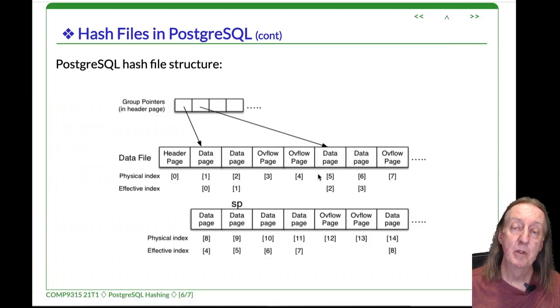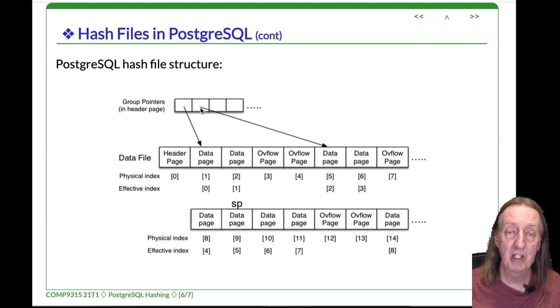We can work out, say, that bucket 1 is located somewhere. Sorry, it's not. Bucket 2 is located somewhere in this group. And the way we'd work that out, we take the number 2, we'd run it through that thing to work out which chunk.